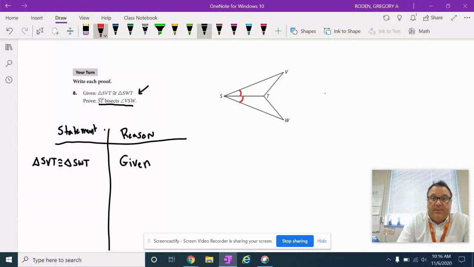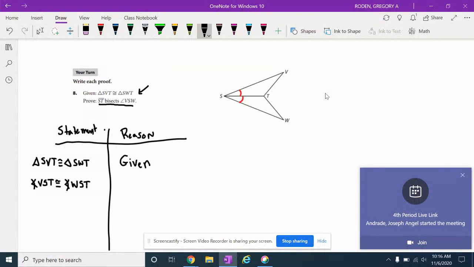So I think we can say that right away. We can say that angle VST is congruent to angle WST. And why is that true?